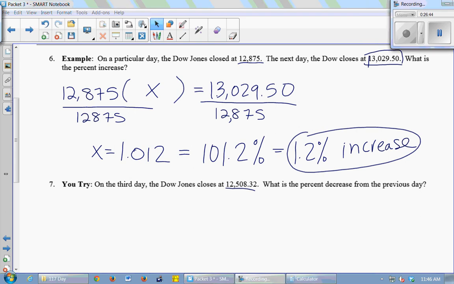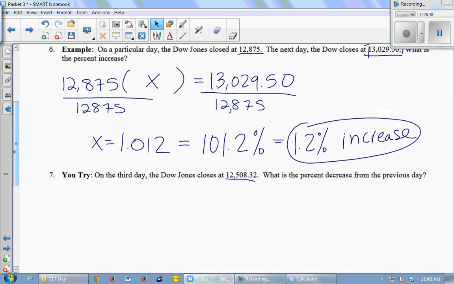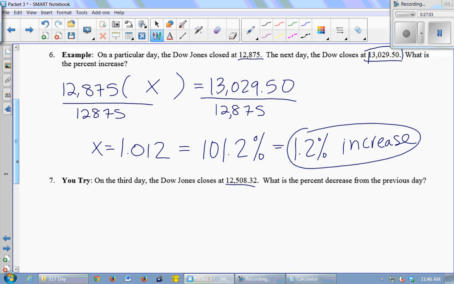Okay, so the first approach I'm going to use is the one that I'm advocating, because you always set it up the same way. Now I'm starting with the 13,000 number, right? And I'm decreasing by some percentage, and I'm landing at 12,508.